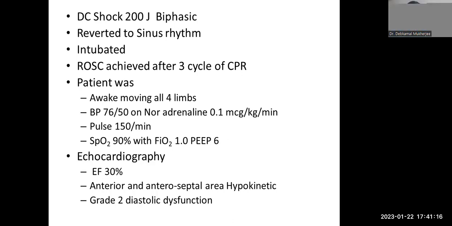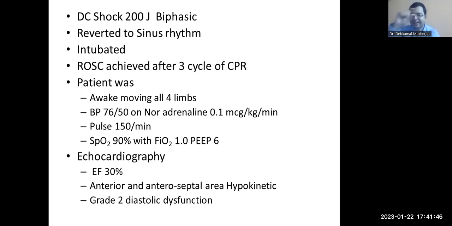Sir, this was managed primarily by our EP team. You said the monitor showed a flat line, and CPR and cardiac massage were started, and then it showed ventricular fibrillation. As per the ACLS protocol, whenever the monitor shows a flat line, we have to increase the gain and see the actual rhythm.